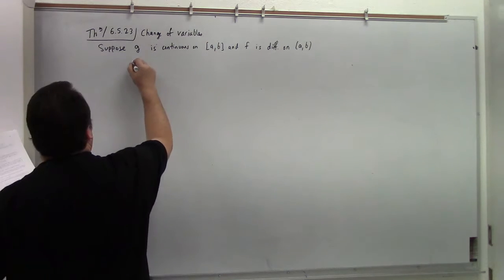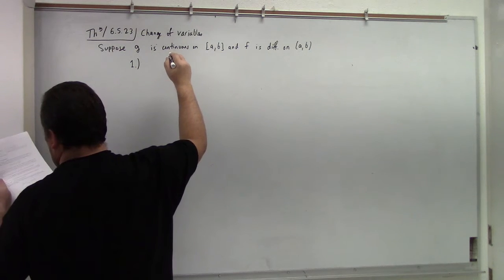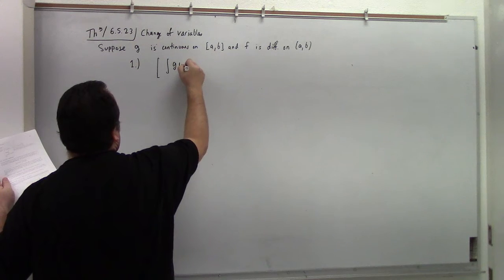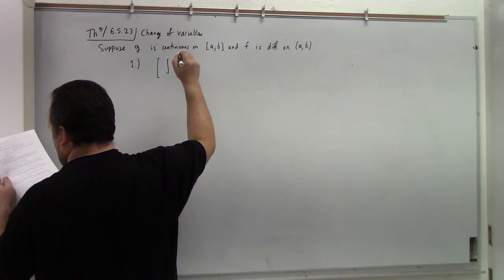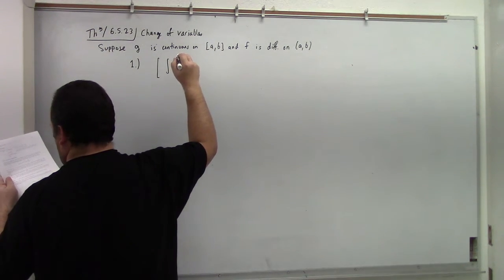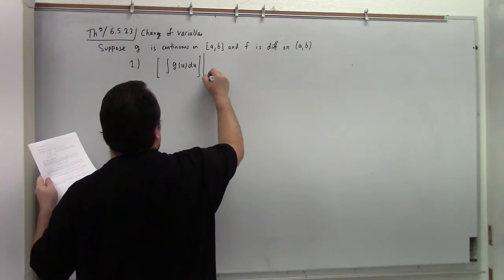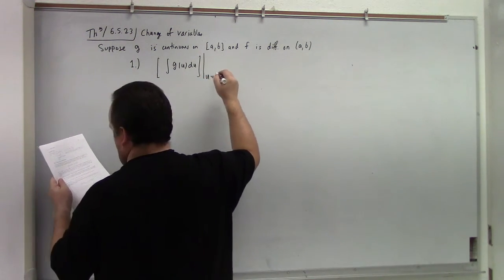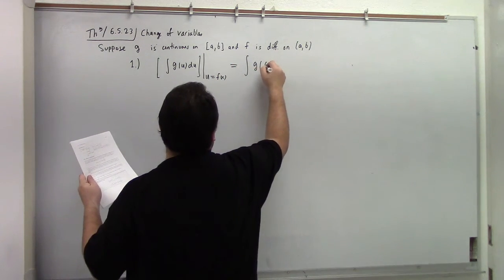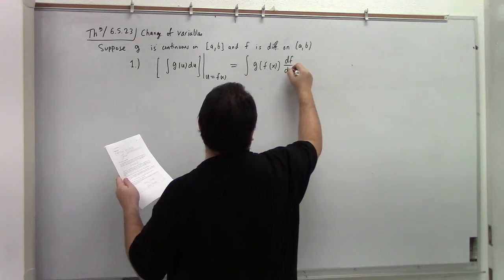Then number one, the integral of g of u du, evaluated at u equals f of x, is equal to the integral of g of f of x df/dx dx.